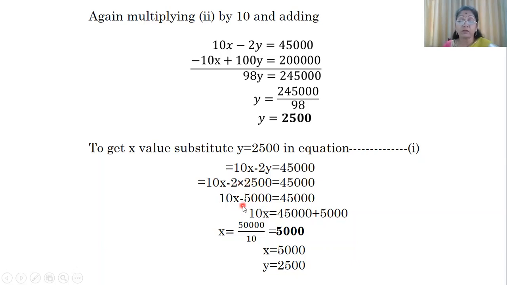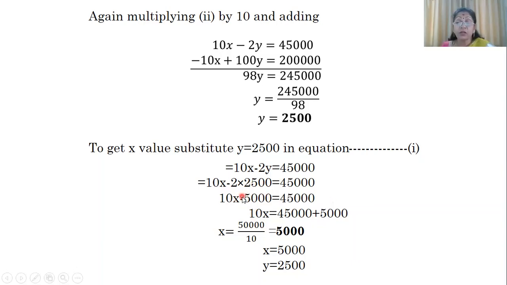Minus into plus, we have to convert it. In multiplication, minus into plus gives minus, okay. Plus into plus, okay. Then minus 2 into 2,500, minus and plus give the minus symbol, we get 5,000 is equal to 45,000. Then we have to move this constant to that side.